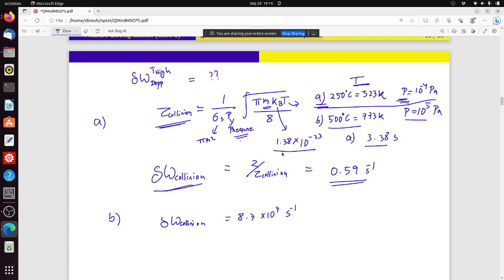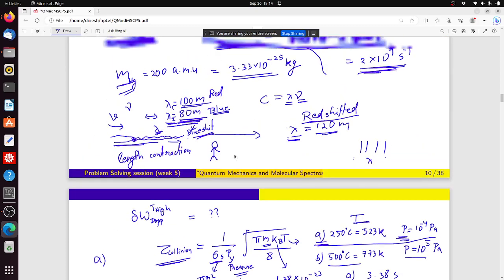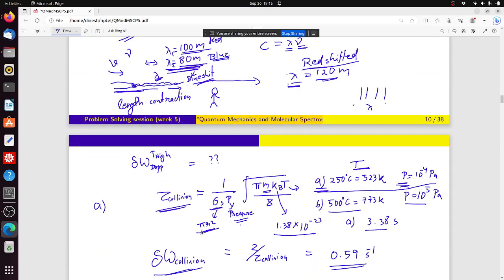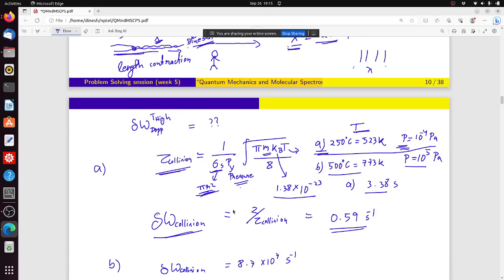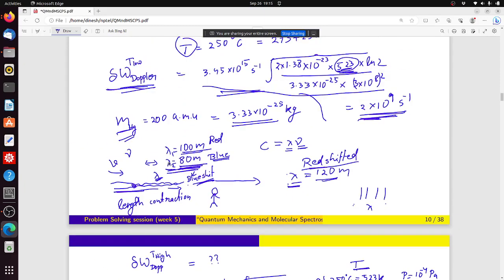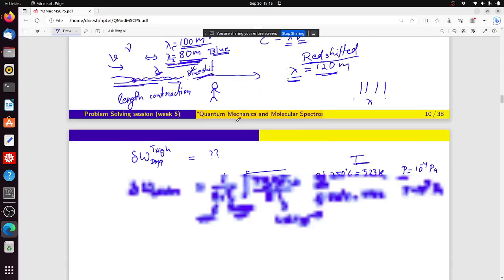This Kb, the Boltzmann constant, you have. The interaction cross section is nothing but the area of this mercury particle. Radius is given, so you can calculate this also, and mass we have calculated. Put in all the values and verify.